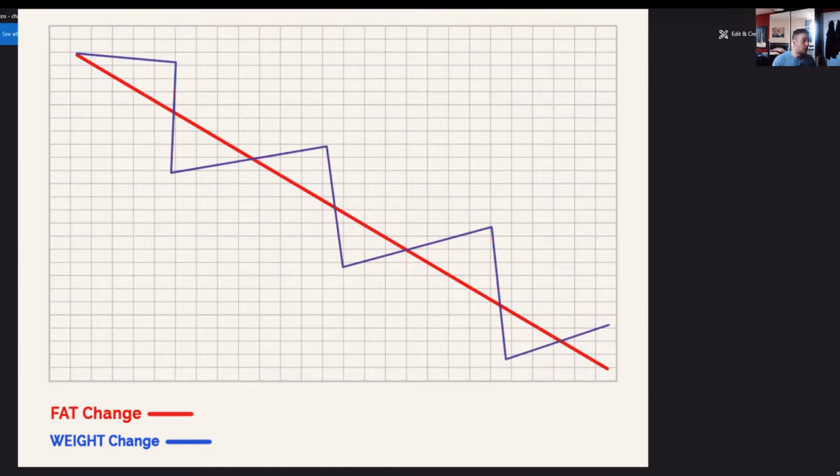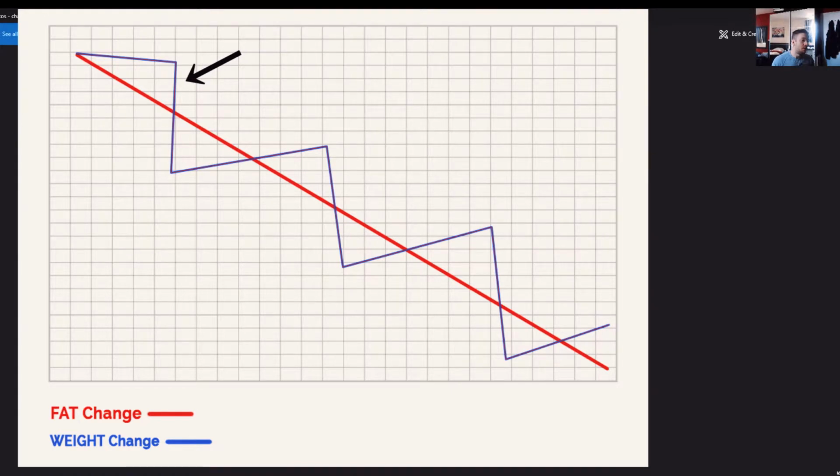So when you are in a calorie deficit, so consuming fewer calories than your body needs, then you're going to be losing fat. Like I said though, it's difficult. We can't measure only fat. We're measuring your whole body when you measure yourself on the scale. So that's what this blue line represents.